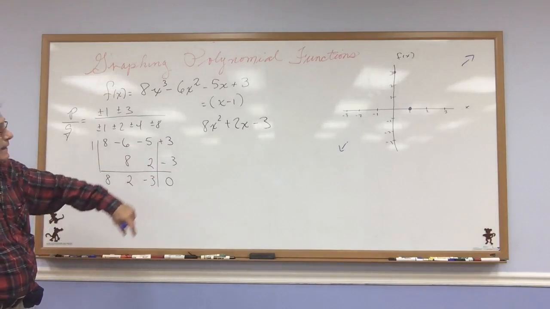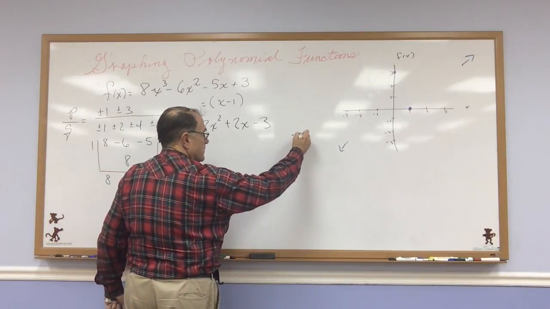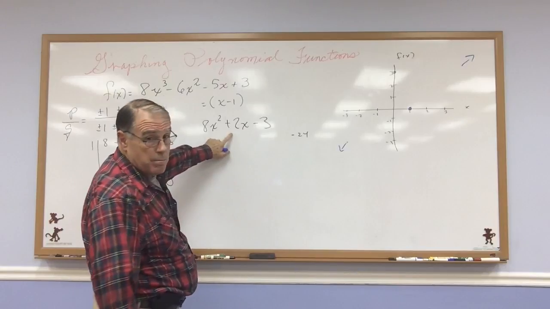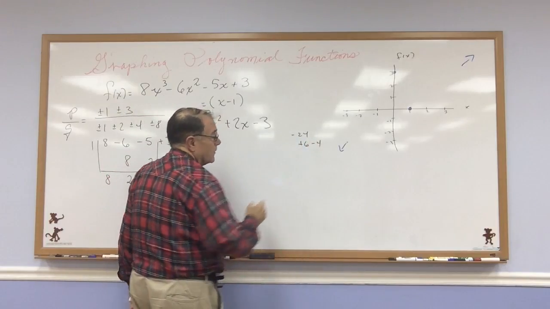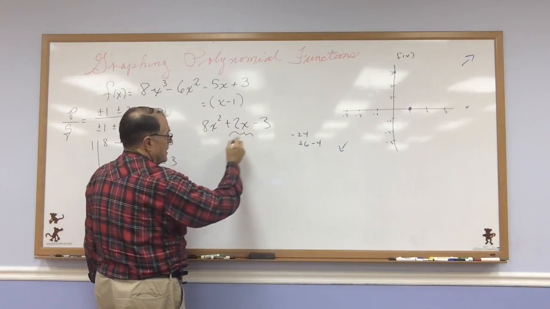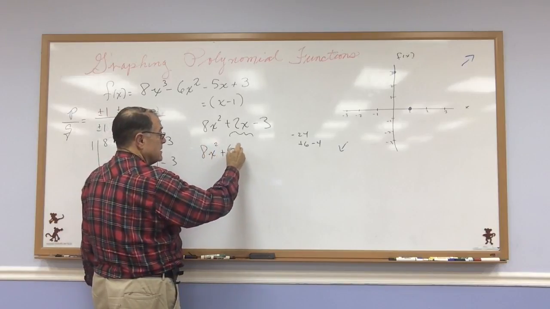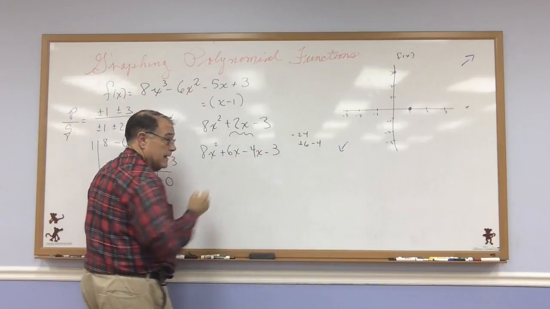Let's factor that. 8 times negative 3 is negative 24, and two factors of negative 24 that add to positive 2 would be positive 6 and negative 4. So we'll split this middle term, and that will give us 8x squared plus 6x minus 4x minus 3.